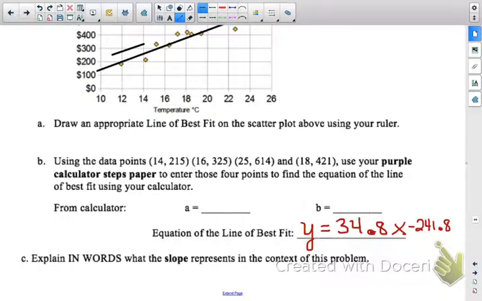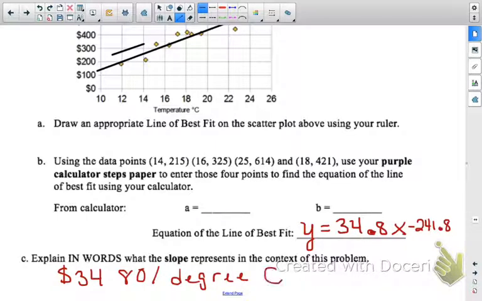Finally, in words, we are to explain what the slope represents in the context of the problem. So to do this, I look at the labels on the x and the y-axis, and I remember it's the change in y over the change in x. So the y is money, and temperatures would be the x. So I would say that this is $34.80 per degree Celsius.